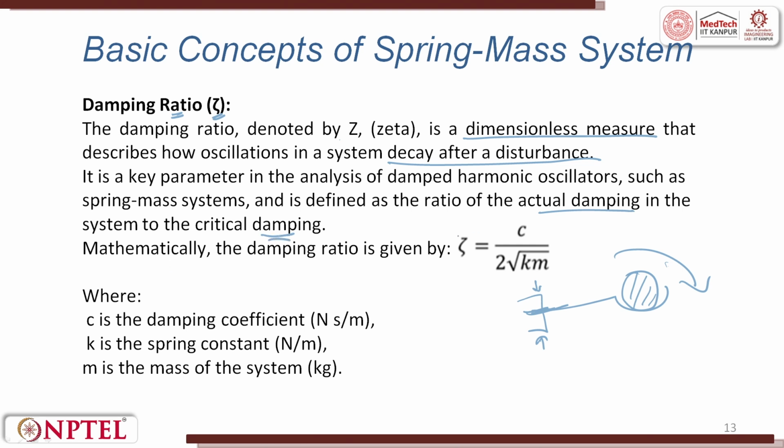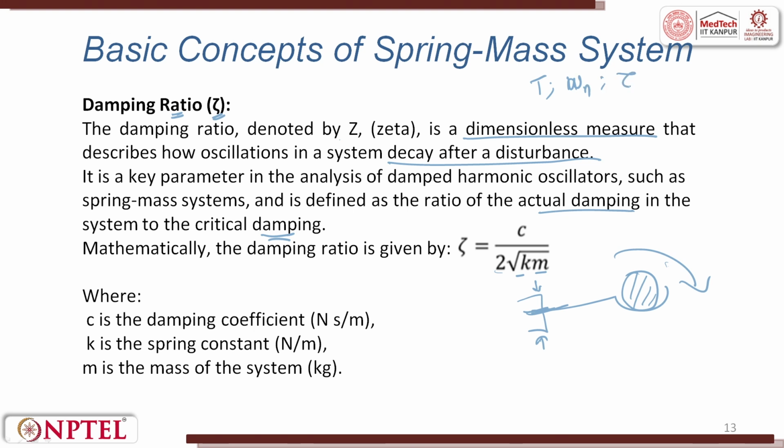So, here zeta is calculated from C divided by 2 root of Km. You see, spring stiffness and mass keep on coming in multiple formulas when we talk about the spring mass system. In terms of time, yes, it came. In terms of natural frequency omega, it came.